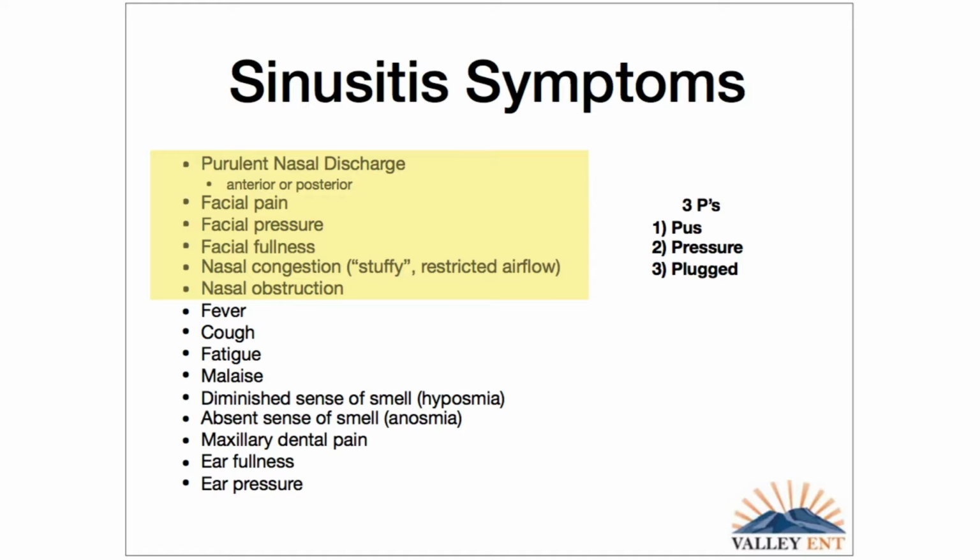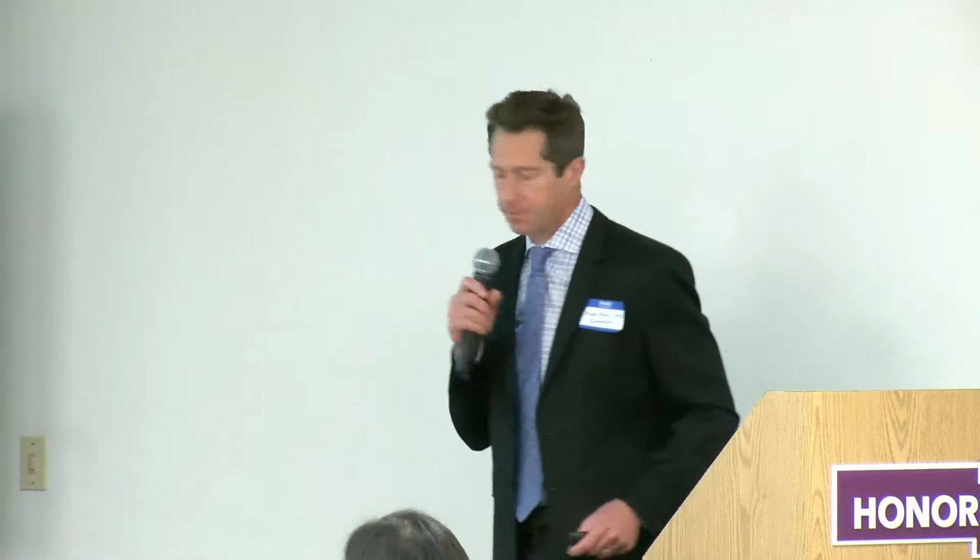So all patients with sinusitis have purulent nasal discharge, regardless of the type of sinusitis. They have to have purulent nasal discharge to get a diagnosis of sinusitis. They also will get pressure, which I lumped facial pain, pressure, and fullness together as pressure. And these patients will get plugged, so they'll have nasal congestion or nasal obstruction.